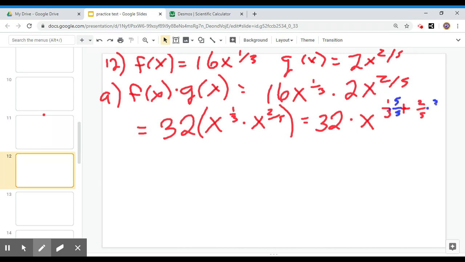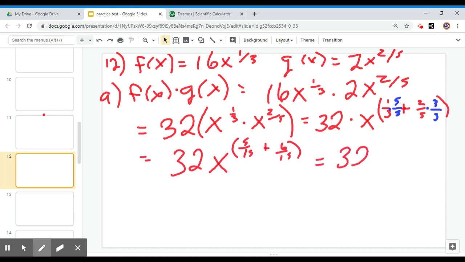This second fraction, we're going to multiply by 3 over 3. So then we have 32x to the 5 over 15 plus 6 over 15. So again, let's put these in parentheses just to make it really clear that that's our exponent. So then we have 32x to the 11 over 15. And that's it. You can't simplify that any further.